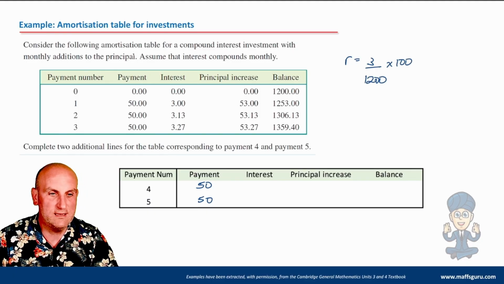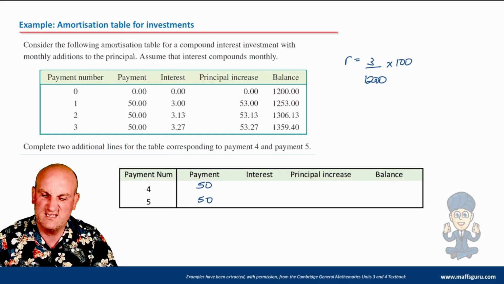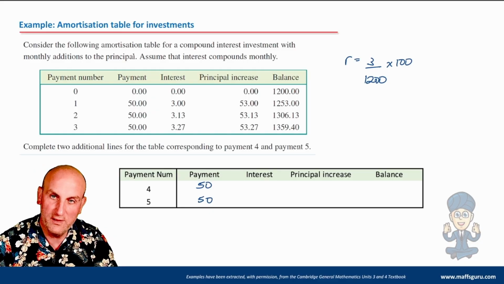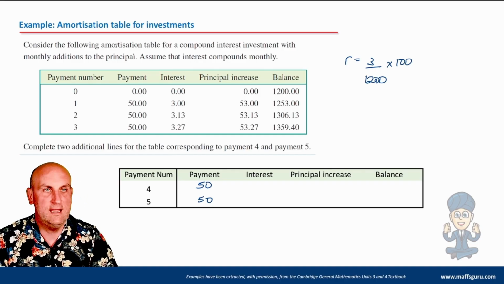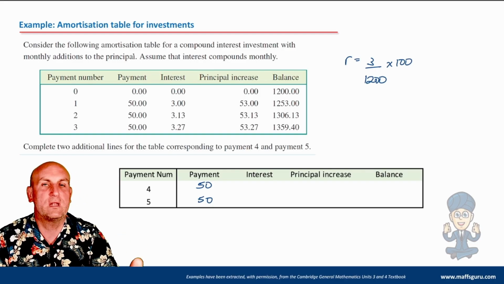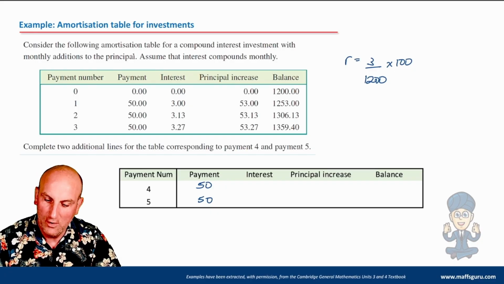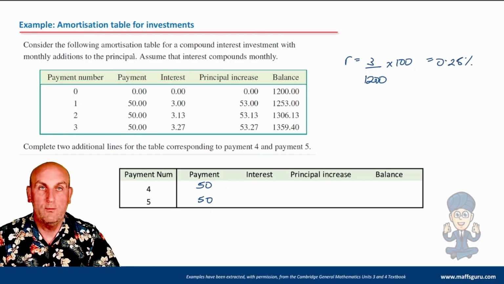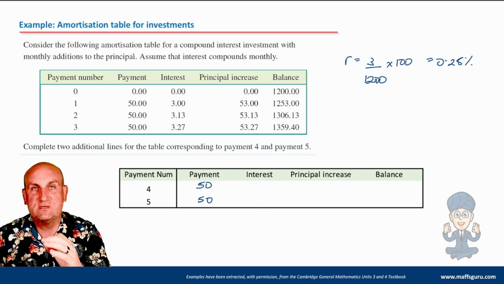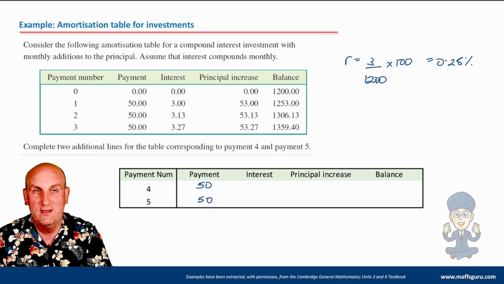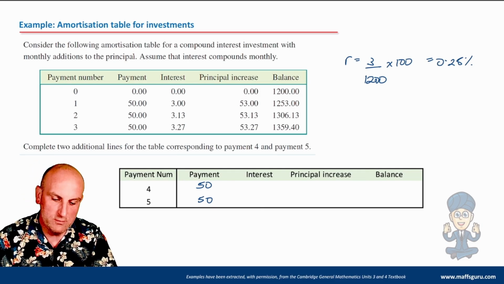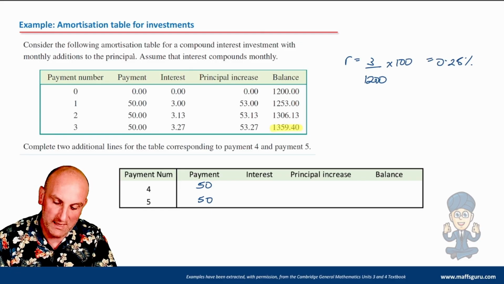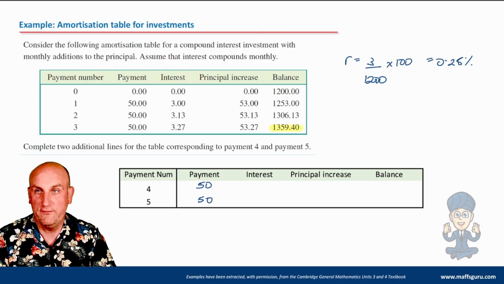I'm going to use my calculator, but not on the screen if that's okay with you guys. 3 divided by 1200, times that by 100, gives me a monthly interest rate, because they told me it was monthly, of 0.25%. Right, what does that mean? Well, it means that I can now use that to find 0.25% of any balance. We know my previous balance for payment number 3 was 1359.4.